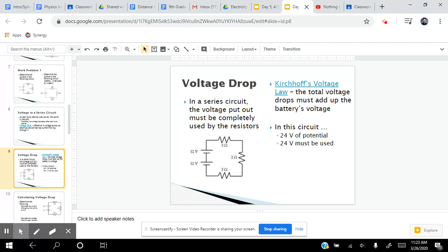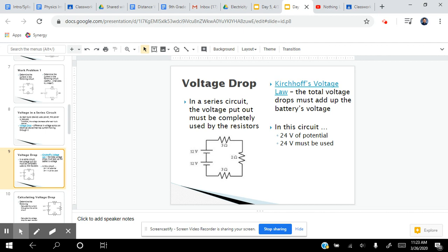All right, so in a series circuit, the voltage put out must be completely used by the resistors. And once I show you how to do this, you're going to see how this works. We call this Kirchhoff's voltage law. All those voltage drops add up to equal the battery's voltage.